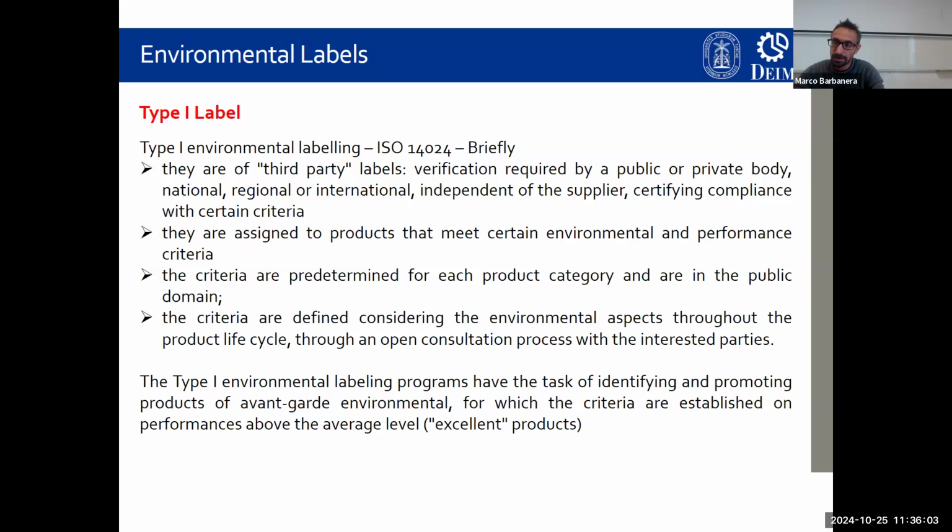So for each product category, for example, the maximum amount of electricity consumption is defined during the use of the product. This could be an example of environmental criteria.